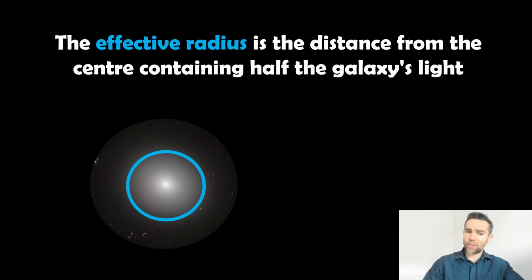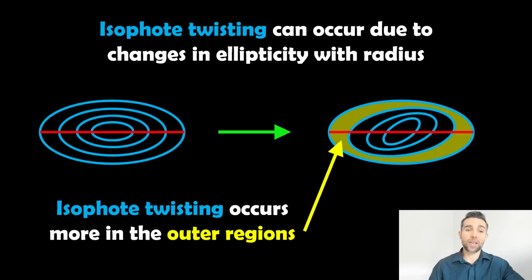Again, I've just illustrated this on this galaxy here, which isn't technically true. You basically do the isophote around the effective radius, which contains half of the galaxy's total light that it's emitting. So by doing that, we can get a single value for the ellipticity for that particular galaxy.